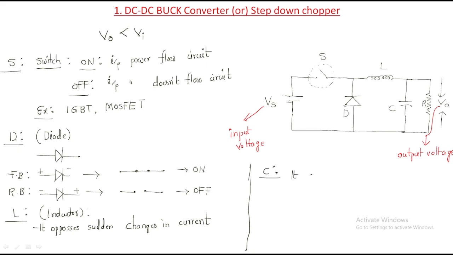It absorbs high frequency magnitudes, if the frequency is more than the given frequency, the high frequency harmonics. Harmonics means unwanted magnitudes in the circuit that can be observed by the frequency. Here the LC combination is there.